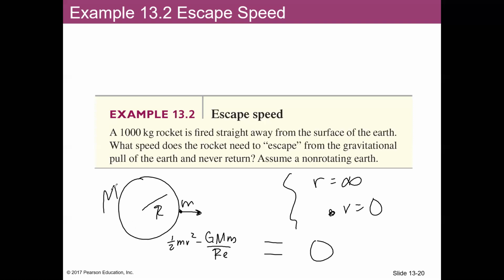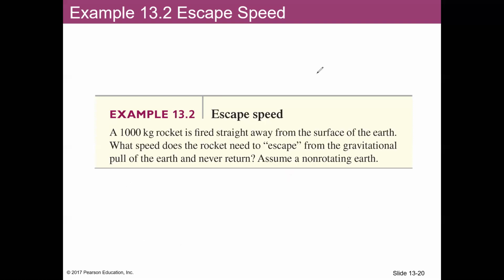So that's escape speed. You can certainly read through this problem and find out for Earth what the escape speed is. It turns out to be independent of the mass. So if you set 1/2 mv squared equal to capital G, big M, little m over the radius of the Earth, you find that the escape speed equals what?